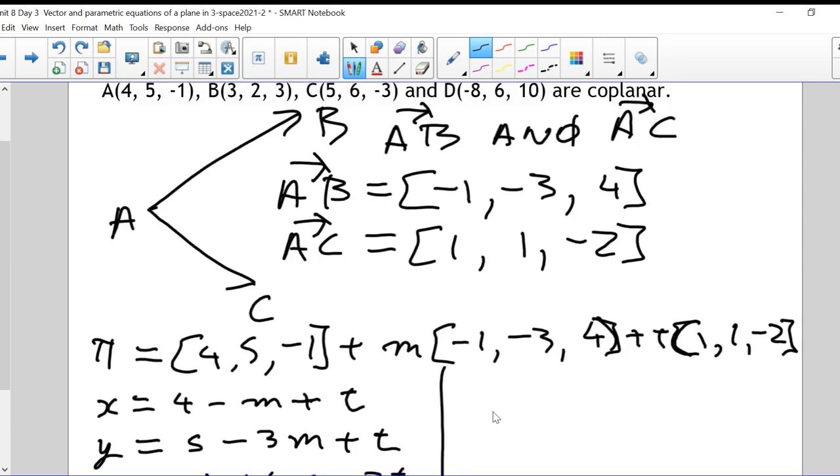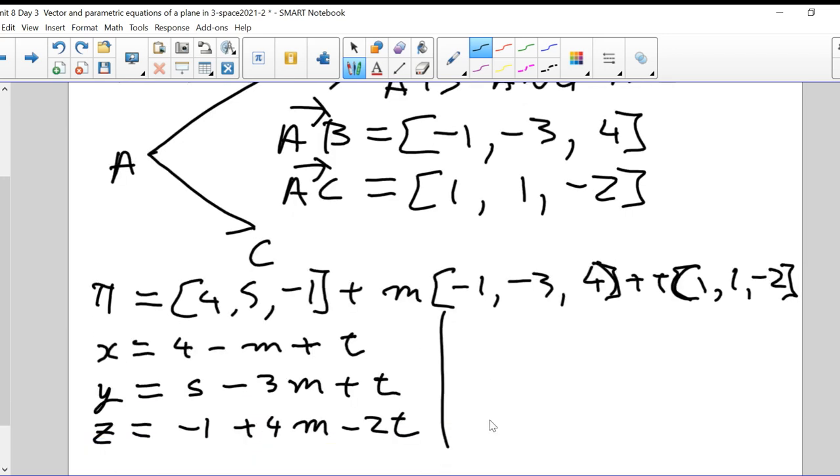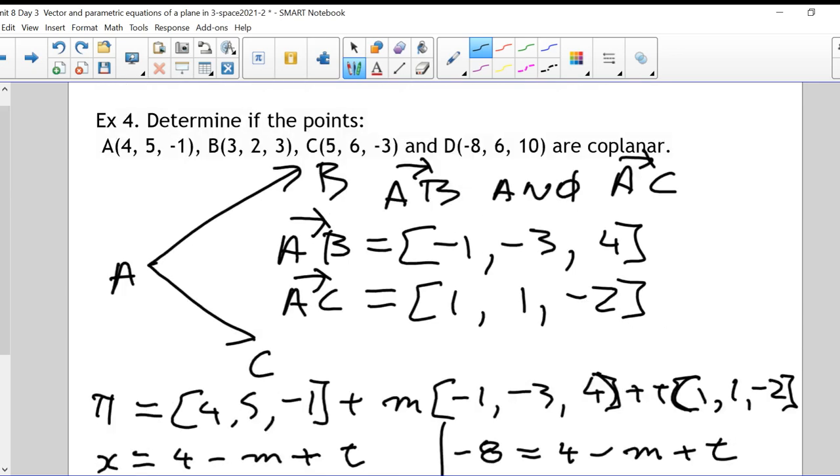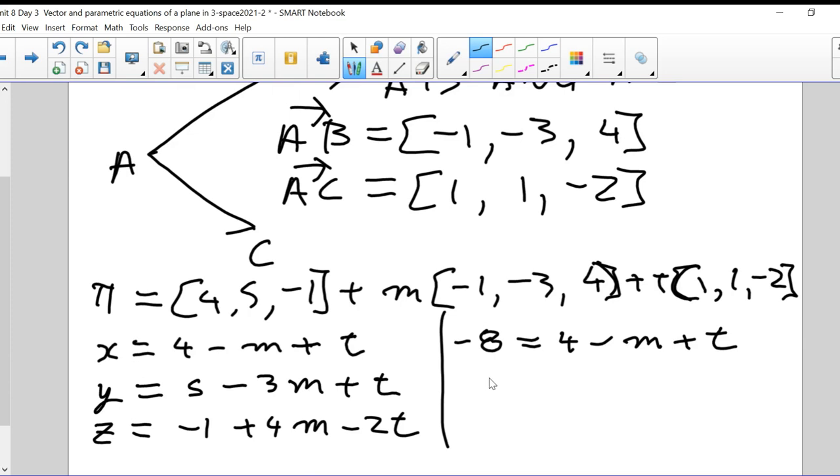Starting off with the minus 8. So we're saying that minus 8, my x value, is equal to 4 minus m plus t. And we're hoping that 6 is equal to 5 minus 3m also plus t.